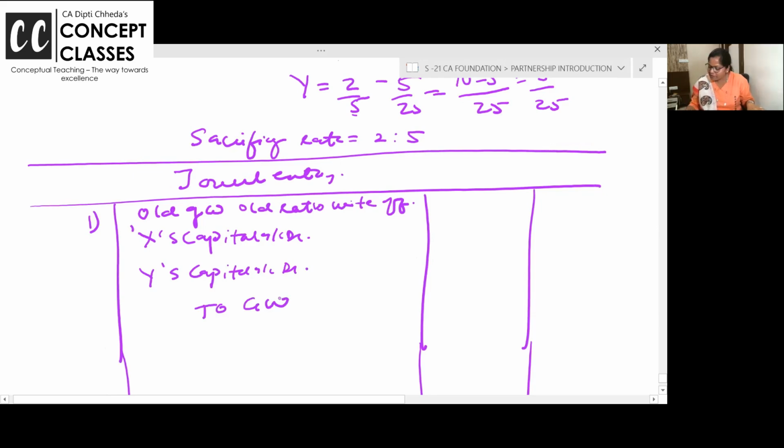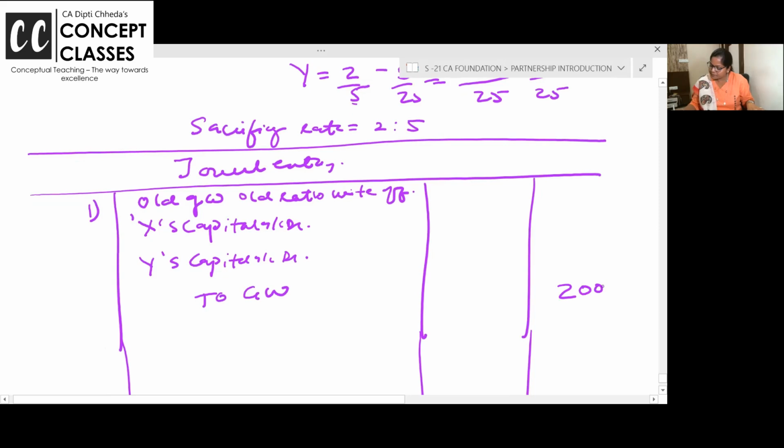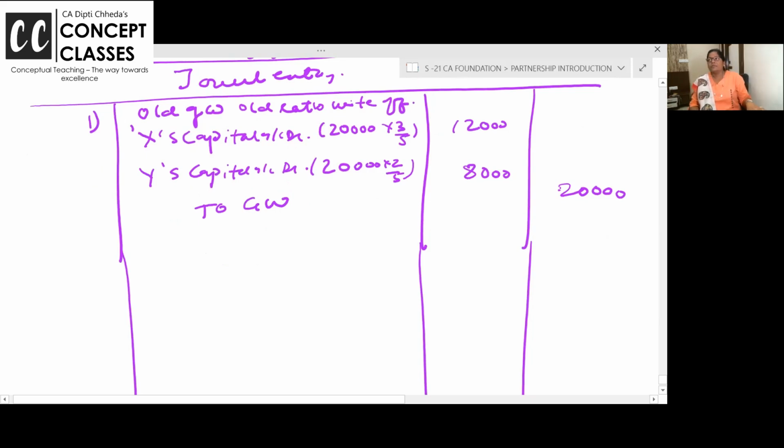How much goodwill is already appearing in the books? 20,000. 20,000, and what is the old ratio? 3 by 5. 20,000 into 2 by 5. XY to goodwill. Write off the goodwill in old ratio.